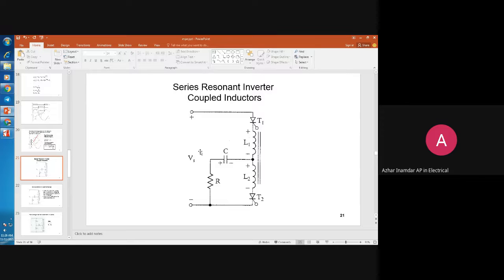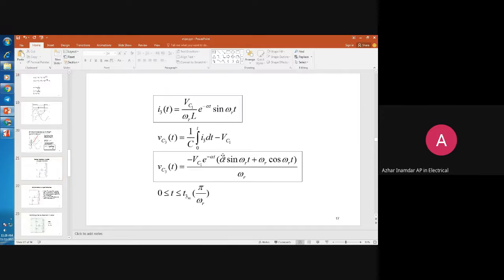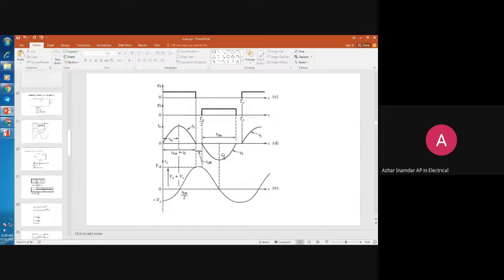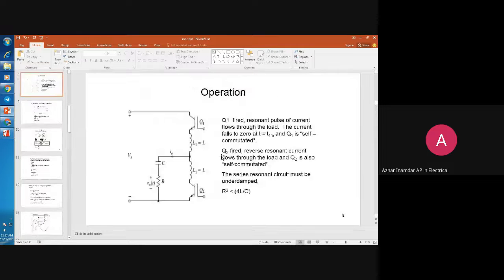This improvement can be made if the inductors are closely coupled. You can see in the case of this basic series inverter, there are no inductors coupled.